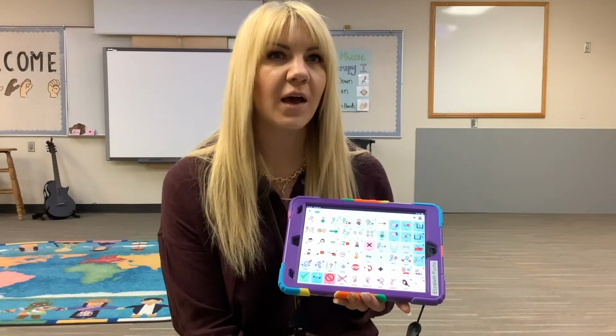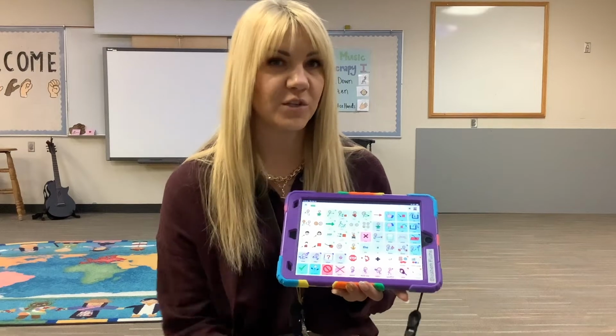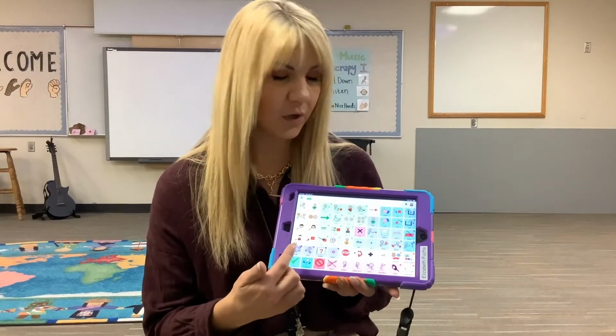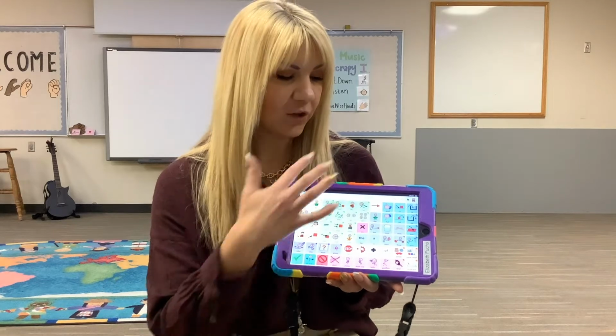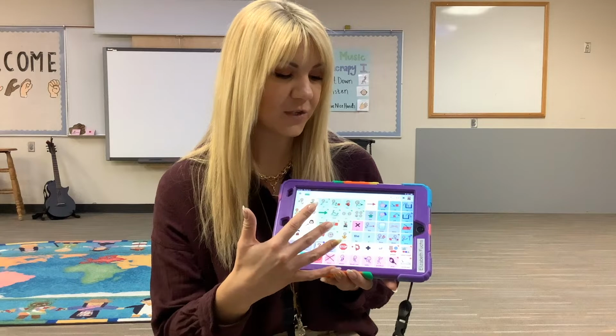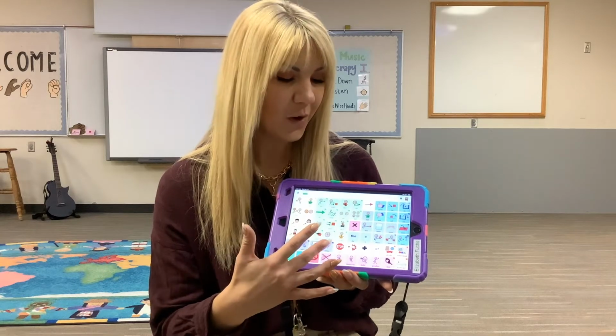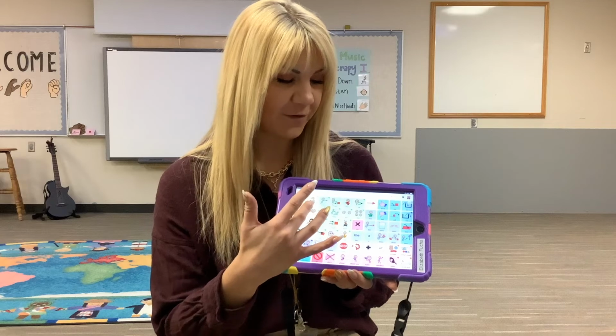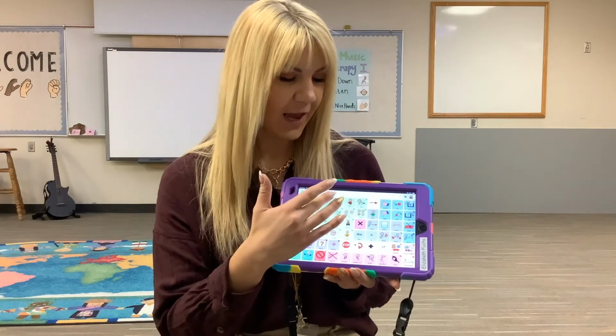So when I'm learning a new board, I love to just pick a few target words to be familiar with on the board, instead of learning where all the words are. Because for some of our learners, especially if they're learning the board too, we might not use all of these words right away. I try to find a few words that I like, and I'm going to use.